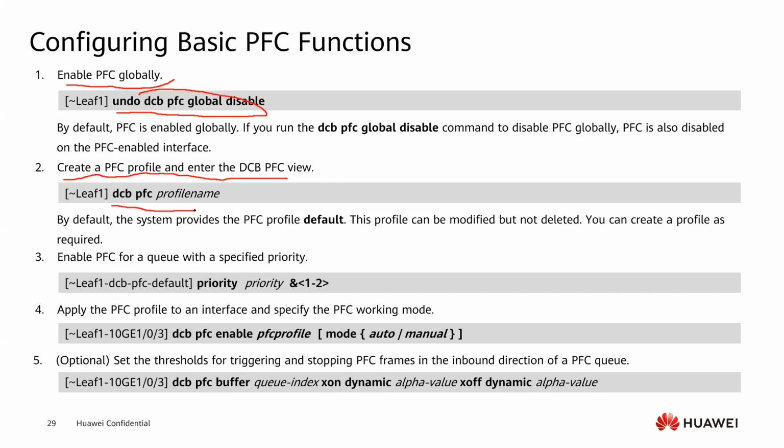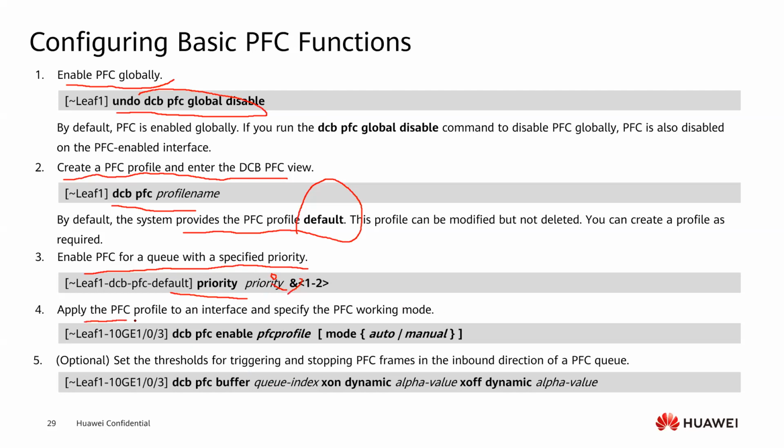By default, the system provides a PFC profile named default. Then enable PFC for the queue with a specified priority, 0 to 7.